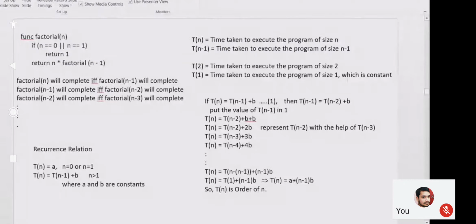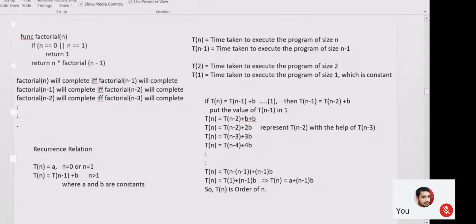The constant is A. That means we will get T of n is equal to A plus n minus 1 into b. So it's a linear equation. A is constant, B is also constant, and asymptotically we can say n and n minus 1 are the same.